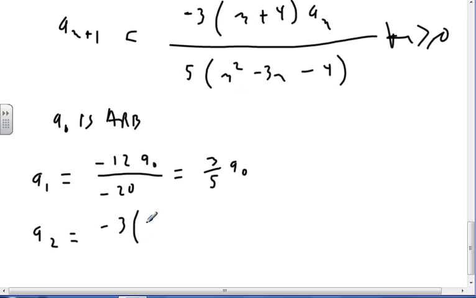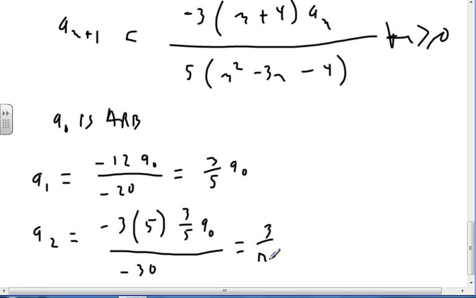So that makes that a 5. 3/5 A0 divided by, n is now a 1, and a 1. So that's a 6. That's a minus 6. That's a minus 30. So 5 goes away, 3 goes into there 10 times. So this looks like 3/10 A0.